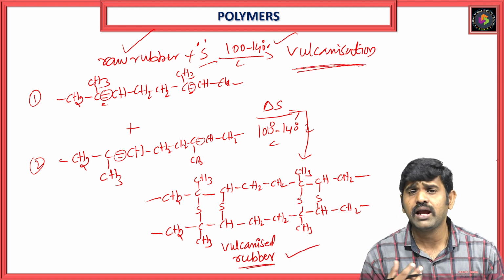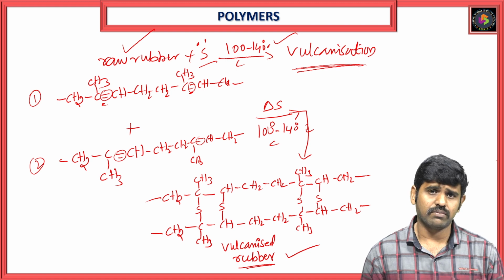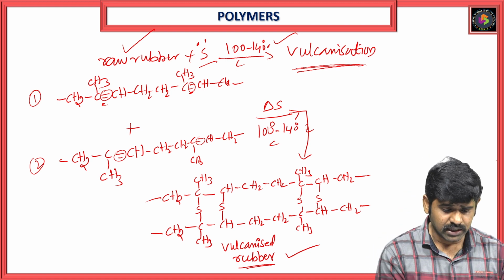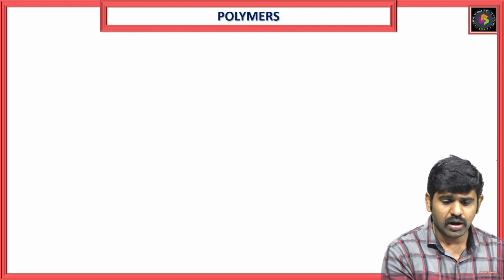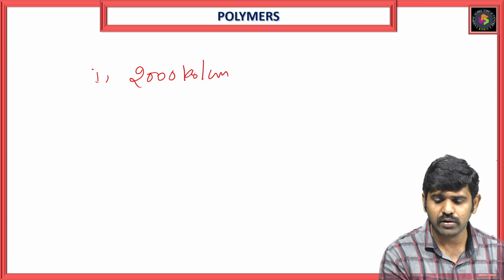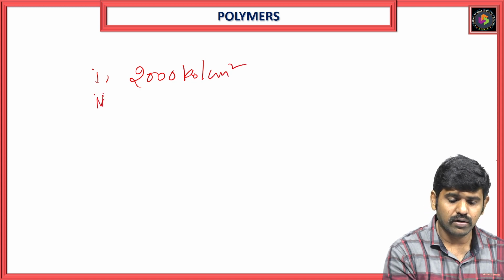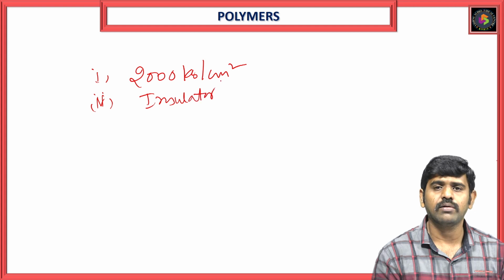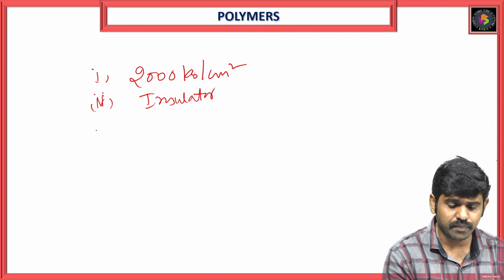Now, what are the advantages of vulcanized rubber? This vulcanized rubber possesses high tensile strength, that is 2000 kilogram per centimeter square. Good electrical insulator. It absorbs less amount of water.